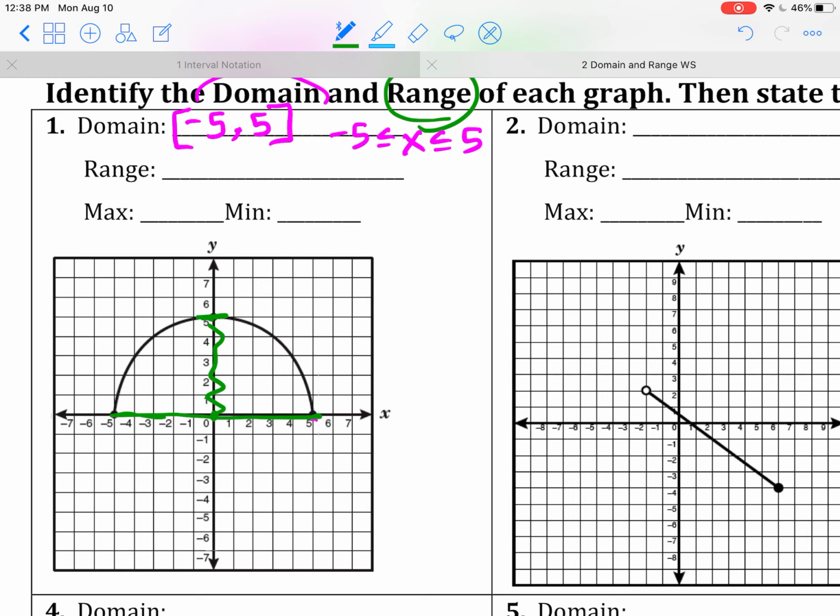Again, there's no obvious open circle, and so we use a bracket instead of a parenthesis. So 0, 5, bracket. And if we use the inequality notation, we would have 0, this time we use y, since we're talking about range, to 5.